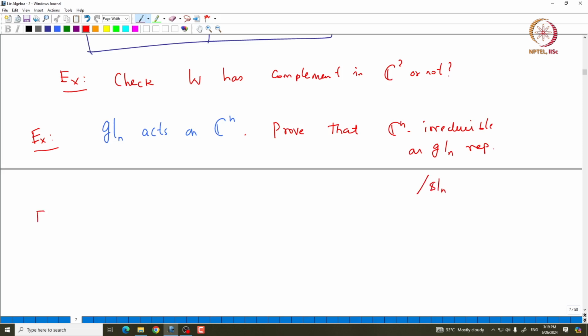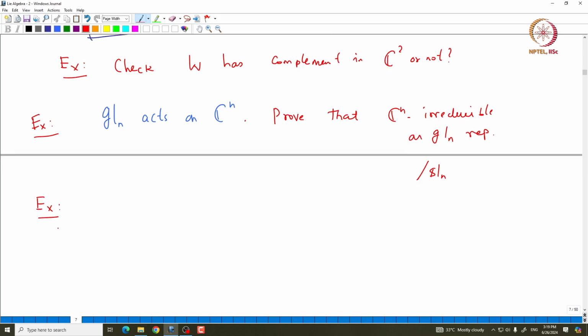Okay. So, indeed one can make a very strong statement using what is called the density theorem. So, if I start with a Lie algebra, let us say G, which is a linear Lie algebra, sitting inside gln. So, this is a Lie subalgebra.